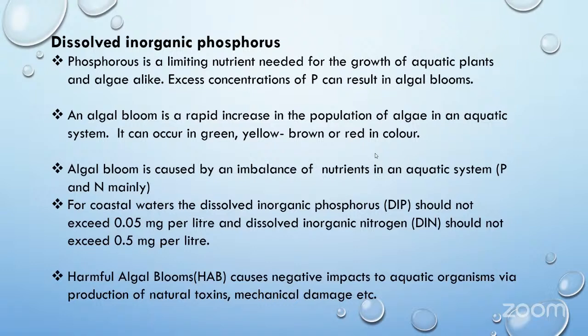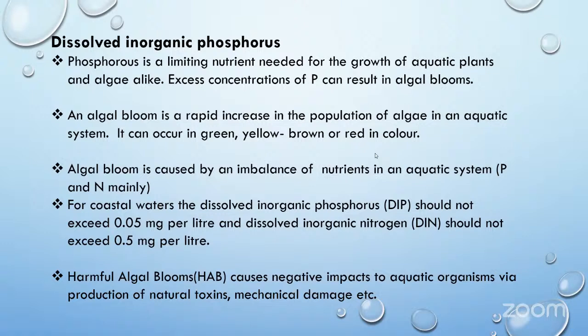Dissolved inorganic phosphorus. Phosphorus is a limiting nutrient needed for the growth of aquatic plants and algae alike. So excess concentration of phosphorus can result in algal blooms. An algal bloom is a rapid increase in the population of algae in an aquatic system that can occur in green, yellow, brown or red color.